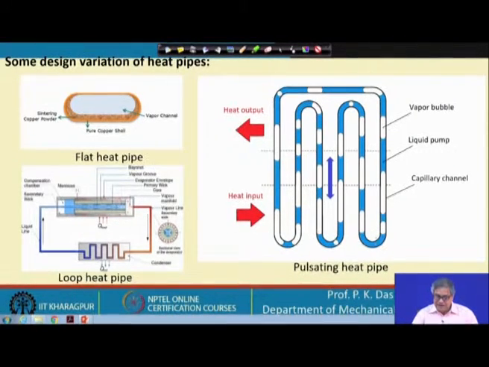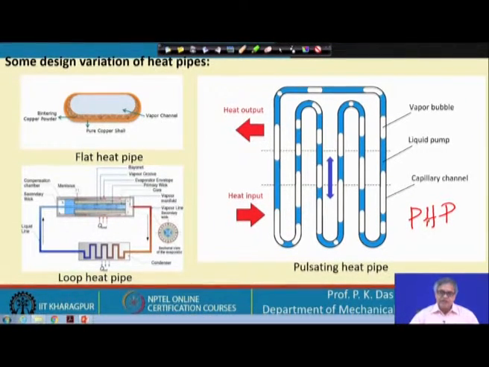Then on the right hand side, I have shown what is known as a pulsating loop heat pipe or pulsating heat pipe. Popularly this is known as PHP, pulsating heat pipe. In a pulsating heat pipe, the advantage is that there is no capillary structure.